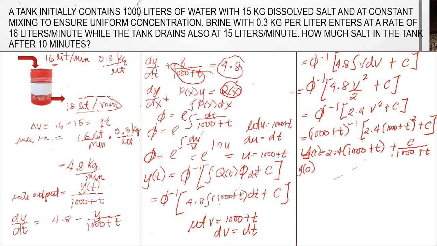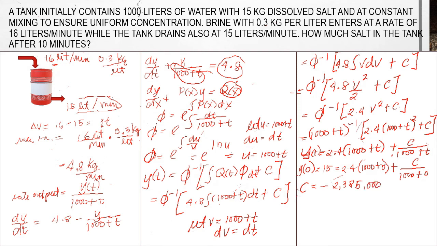Y of 0, initially you have 15 kilograms, equals 2.4 times 1000 plus 0 plus c over 1000 plus 0. So that makes c equal to negative 2,385,000.